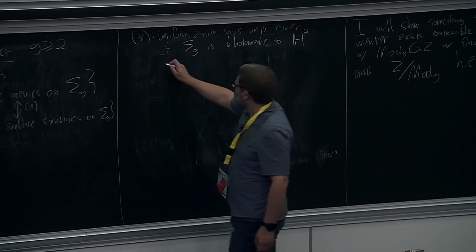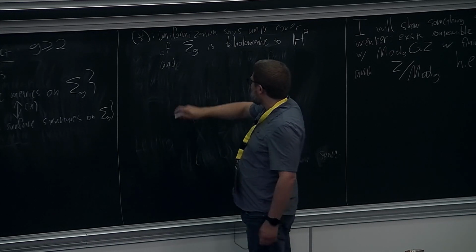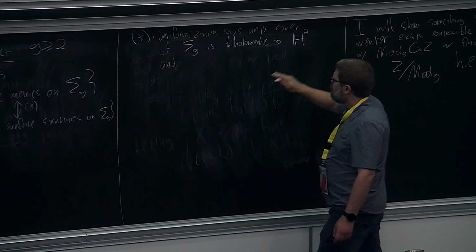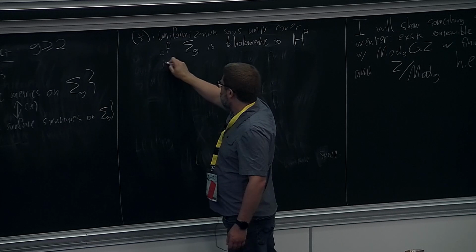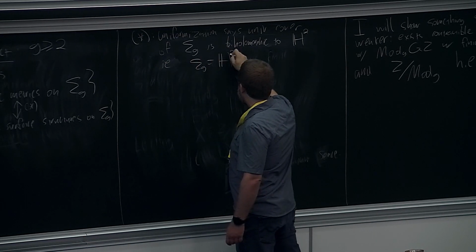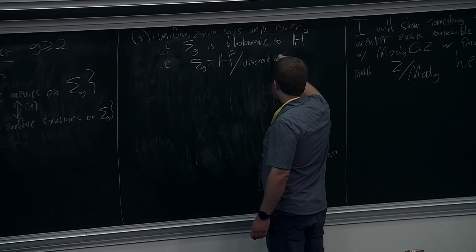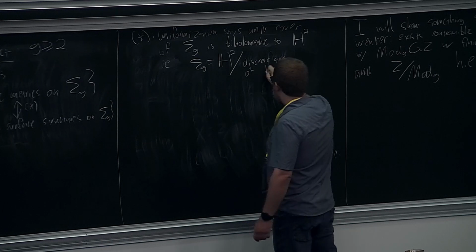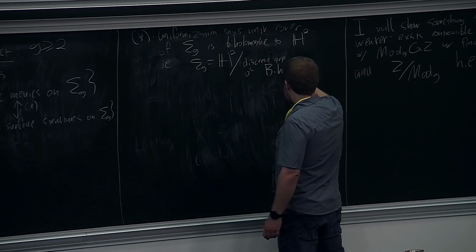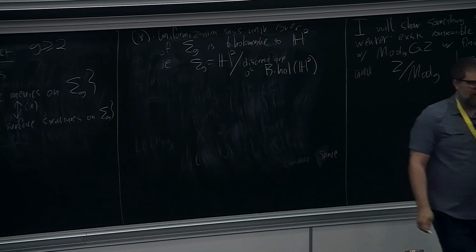And so the amazing fact is that therefore it's the same. I.e., sigma g is the upper half plane modulo a discrete group of the biholomorphic self-maps of H2, right?